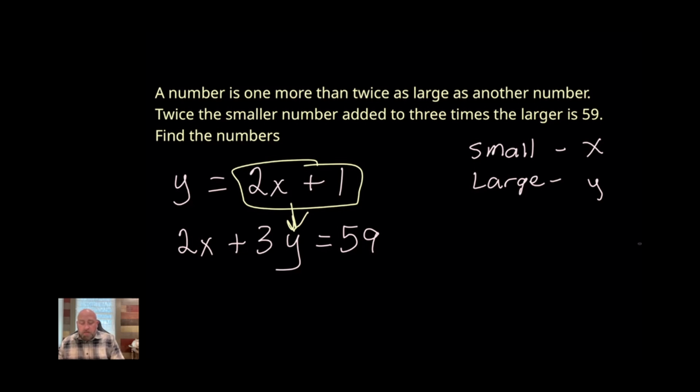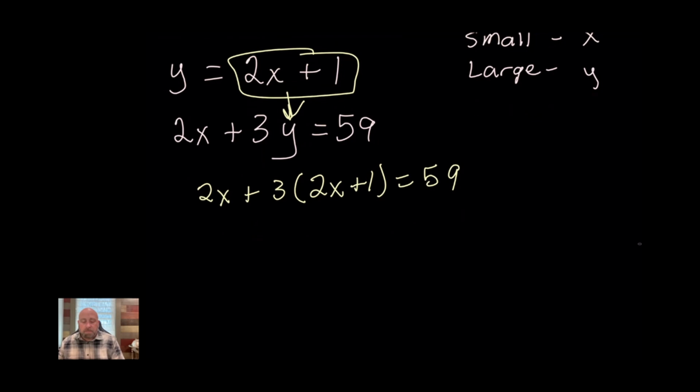So now in the new equation, we have 2x plus 3 times (2x plus 1) equals 59. And then we're just going to solve that. So distribute this through. We're going to get 2x plus 6x plus 3 equals 59.